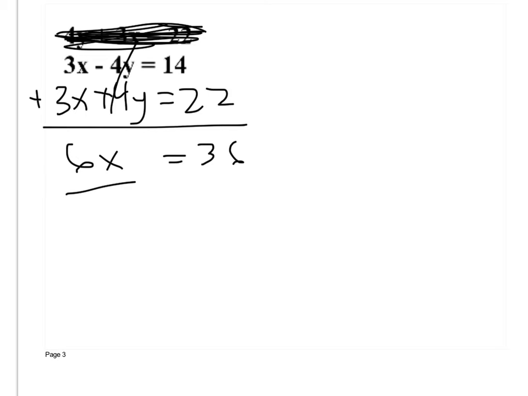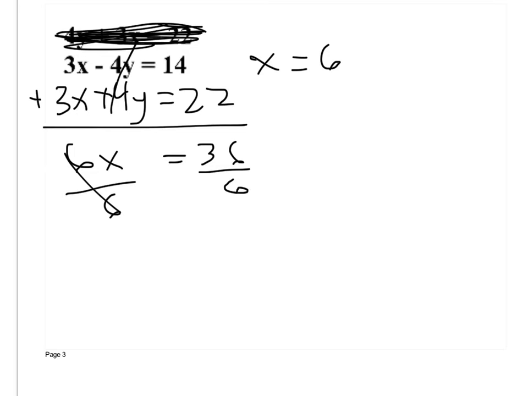I know 6x equals 36, so I solve for x because I've eliminated y. 36 divided by 6 is 6. What I do is I plug that into one of these equations, the original two equations, just in case you did something wrong here.